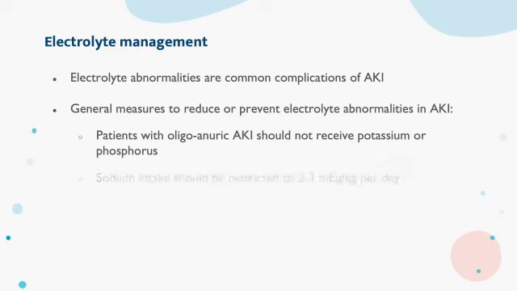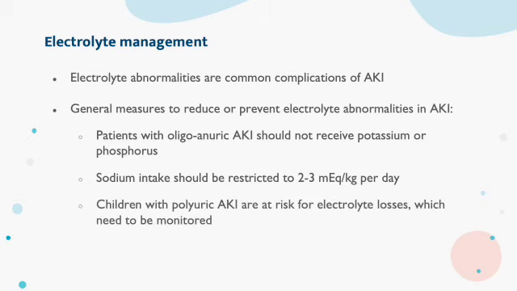Second, sodium intake should be restricted to 2 to 3 milliequivalents per kg per day to prevent sodium and fluid retention with resultant hypertension. Third, children with polyuric AKI are at high risk for electrolyte losses that should be replaced.